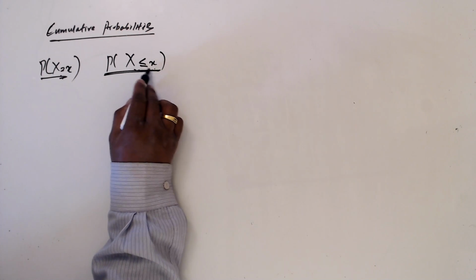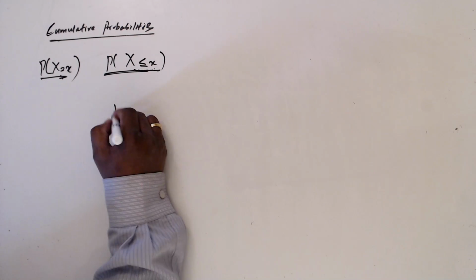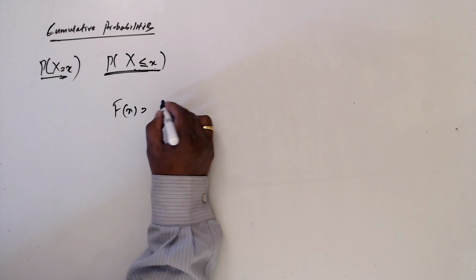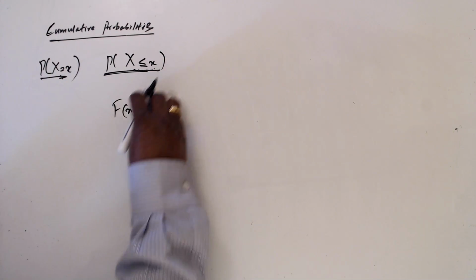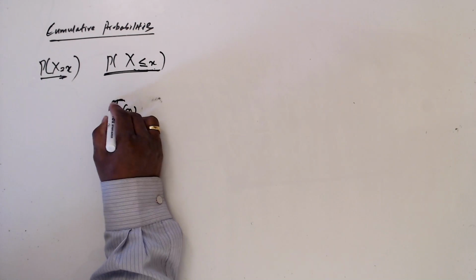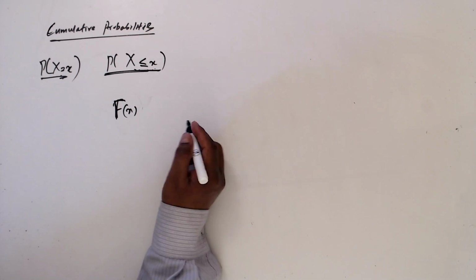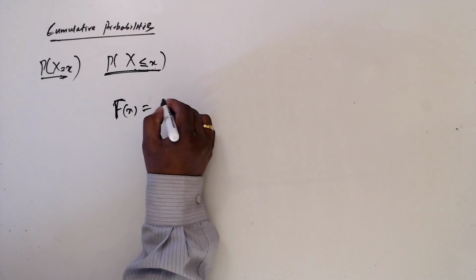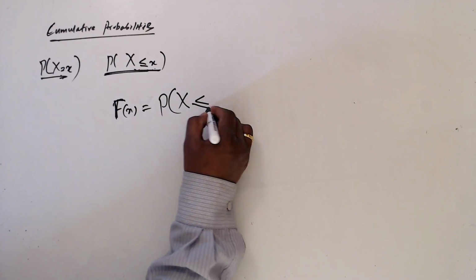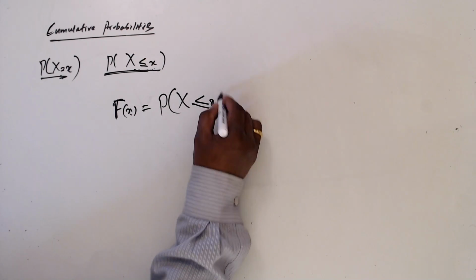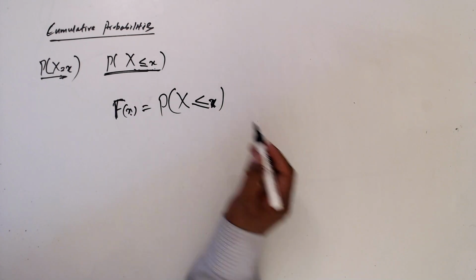It means the addition. Sometimes we can write it in a simple notation, F(x). So if you see capital F(x), usually it is cumulative. What is the meaning of that? The probability of the variable, the addition of all up to small x.